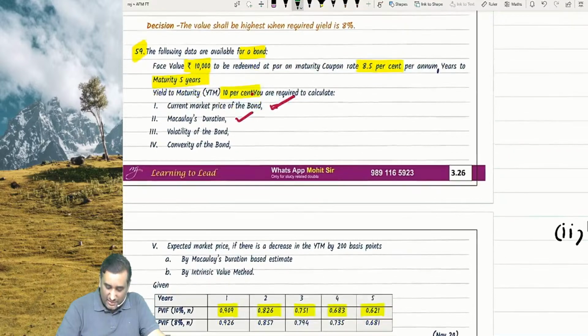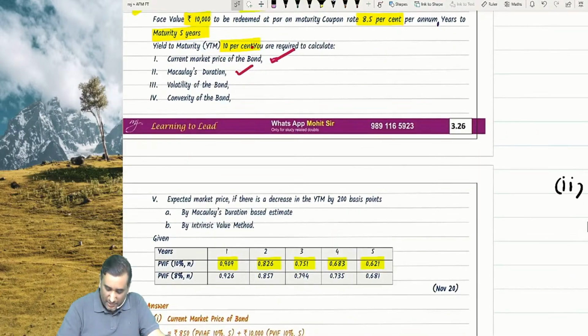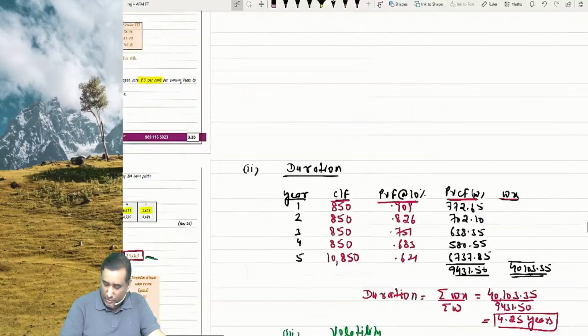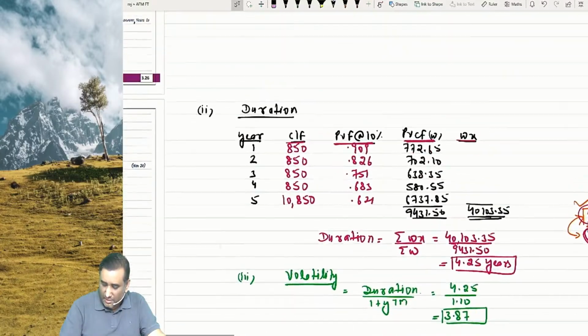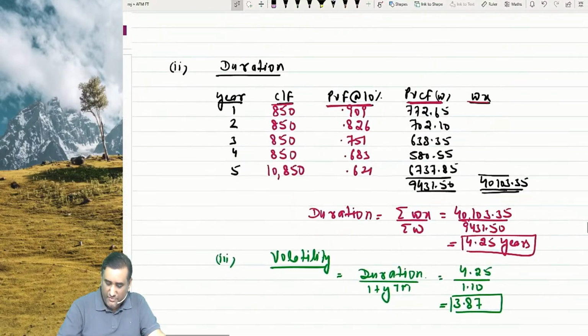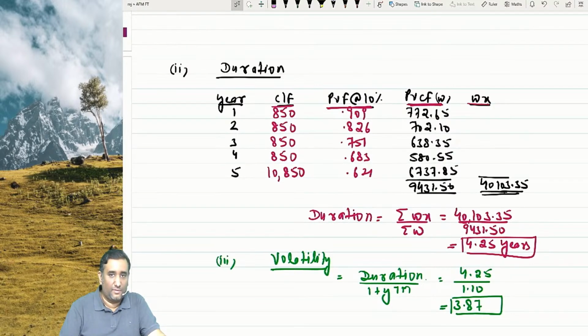It's perfectly fine. Generally, if they have not written anything, it's okay. Nothing is written, so 2 to 3 decimals. That's fine. 4.25, 3.87 or 3.86. The answer will come in rounding off no matter what you try.